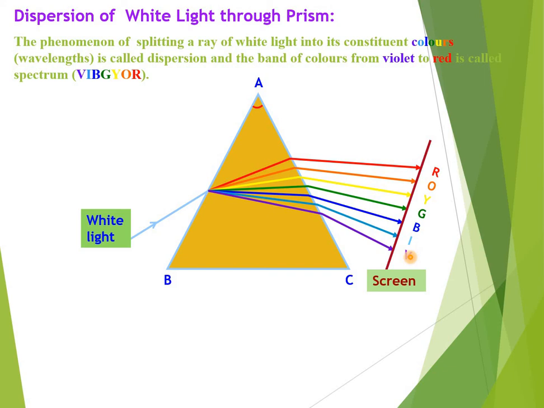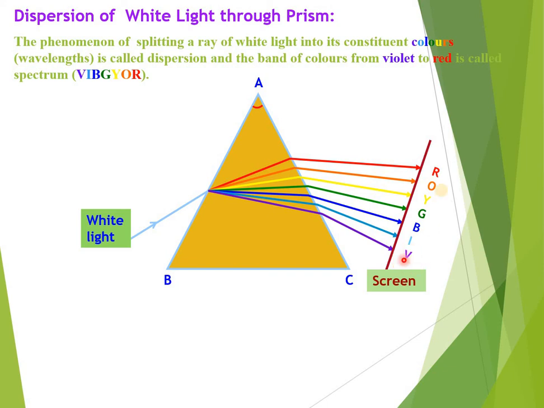Now you might be knowing why this is happening. This is happening because white light consists of 7 colors and every color has a definite wavelength, and refractive index is dependent upon wavelength. So the color which has maximum wavelength, that is red, undergoes minimum deviation, and the color which has the minimum wavelength, I must say violet, undergoes maximum deviation.